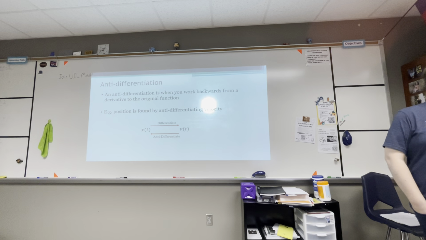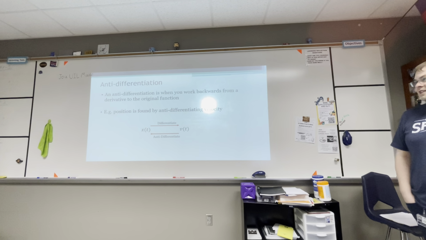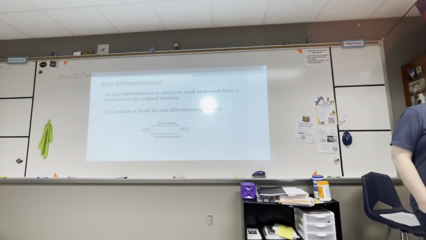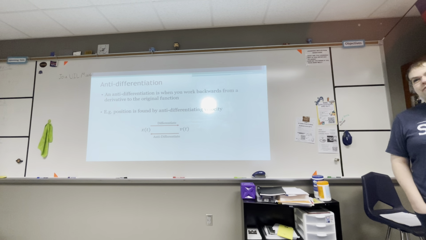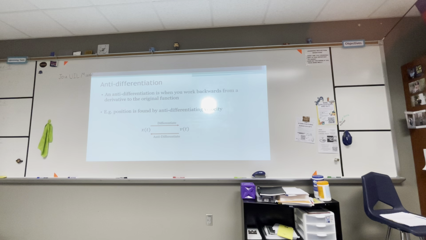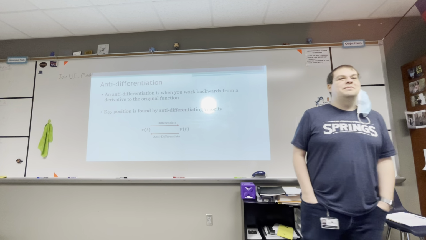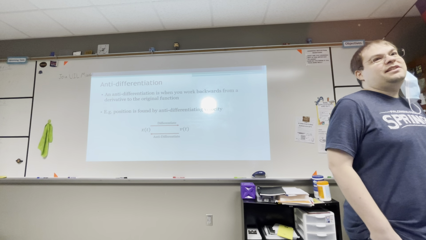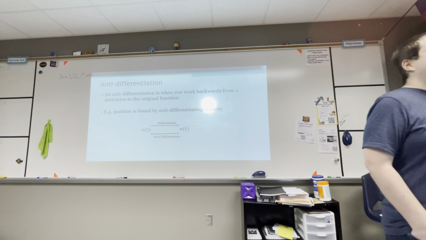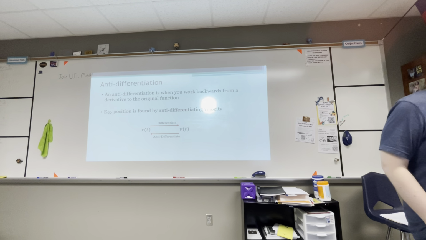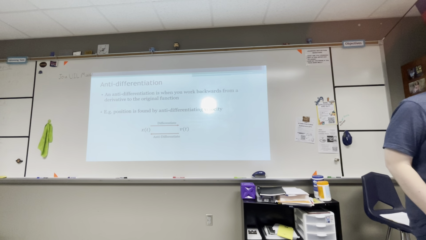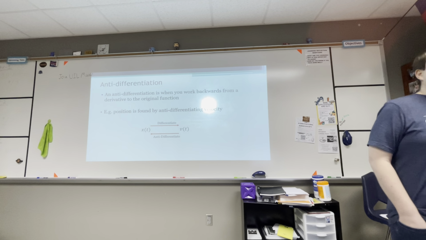So that one's very easy to differentiate, but when we anti-differentiate, it gets a little more complicated, because if something's 0, it can be anything. It can be up to infinity. But we still gotta account for it. Initial condition. Yeah, that's where that comes in.